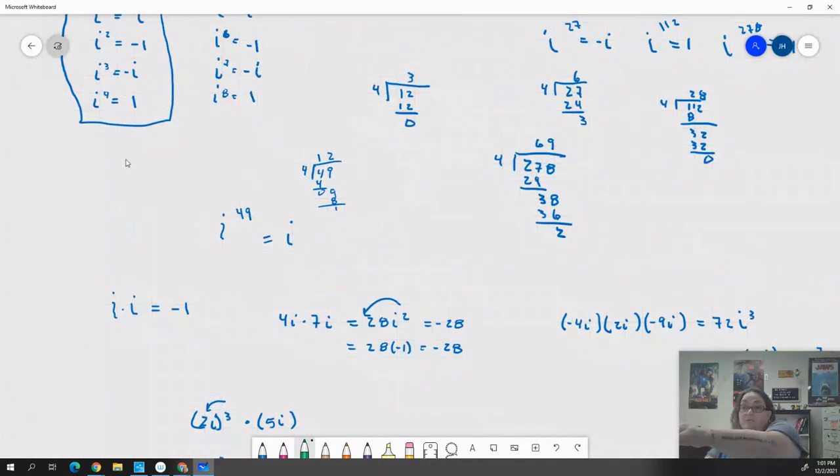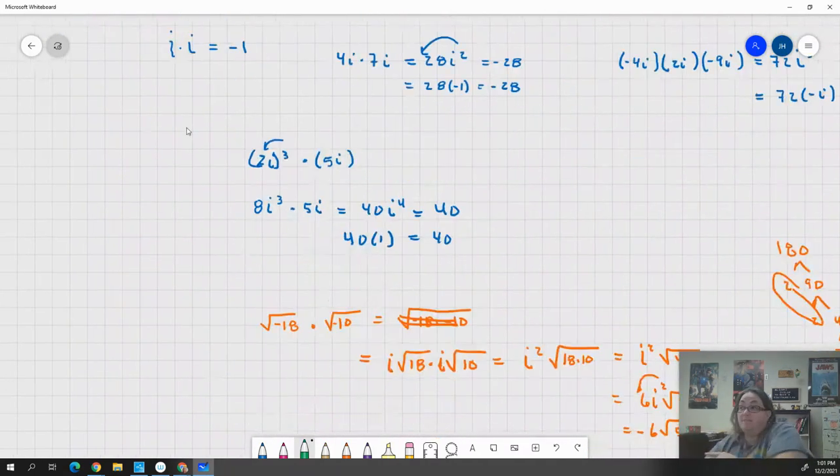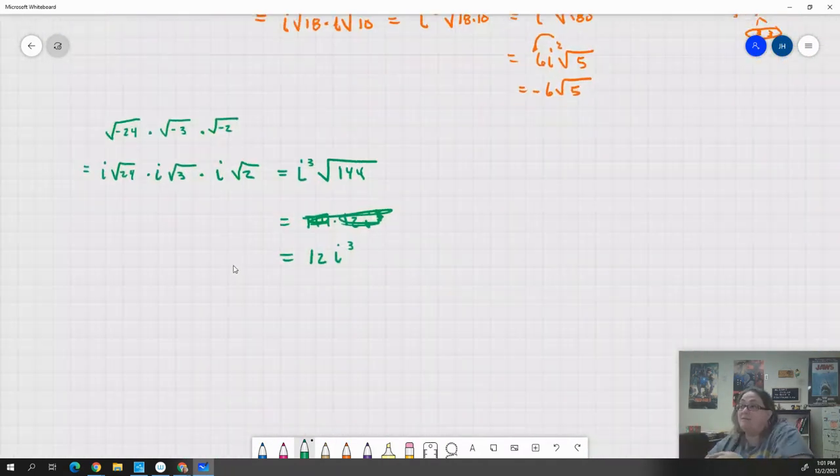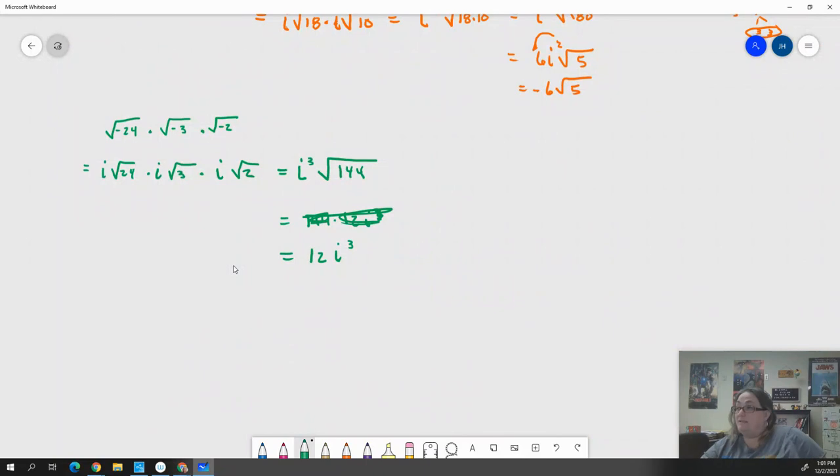The I cubed just equals negative I, right? So I can go ahead and substitute that as 12 times negative I, and I would just be left with negative 12I.